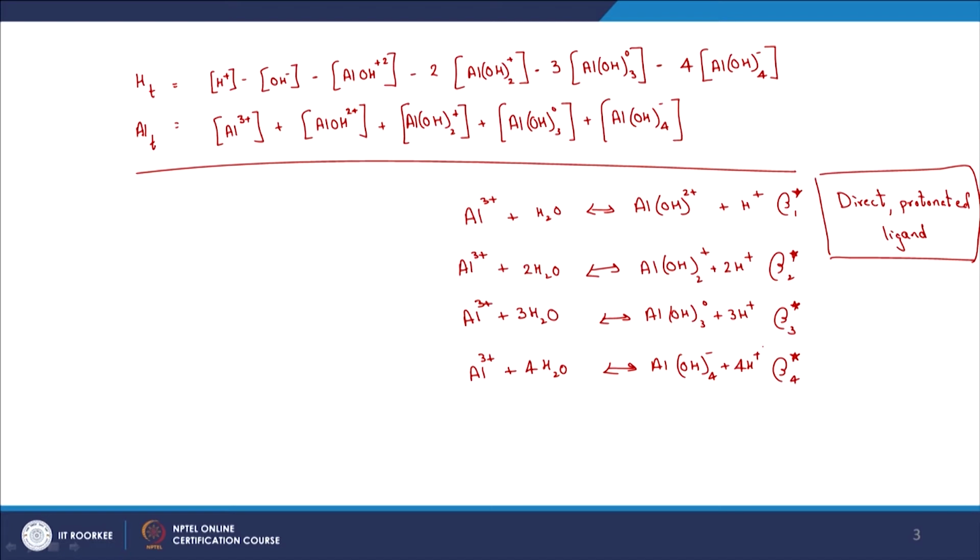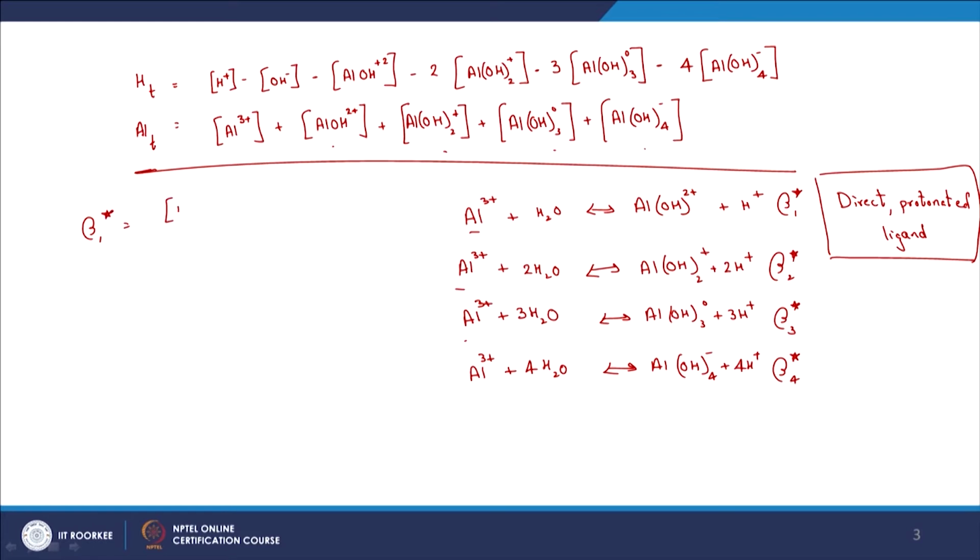So let's say I'm looking at Al total. Al3+ is what I need to solve for initially, assuming that I know the Al total. So I need to express all these other 4 variables in terms of Al3+, right. So how do I do that, let's see. I know that beta 1 star, what is it going to be now?